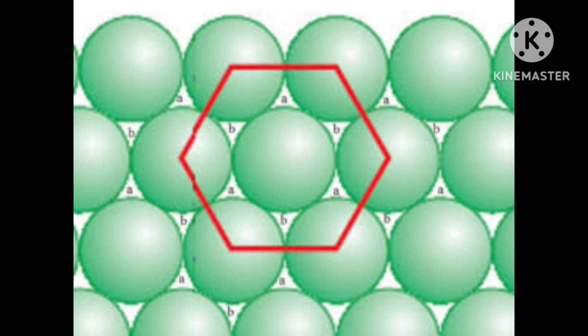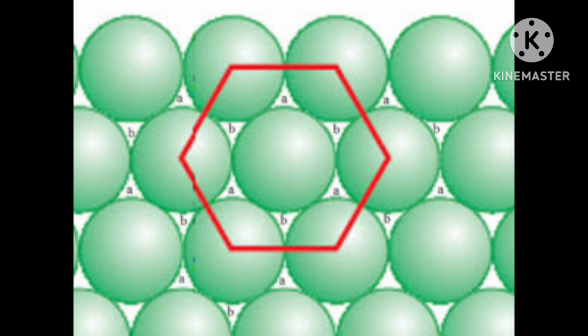And in the second case, you arrange the second row in such a way that it comes into the void in the middle of two spheres. The next row you put in the gap. In the gap you start keeping the other spheres.